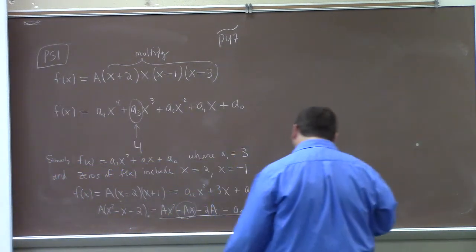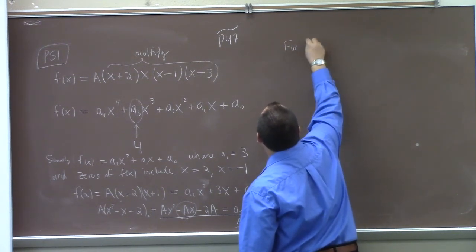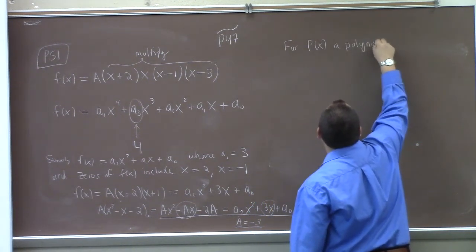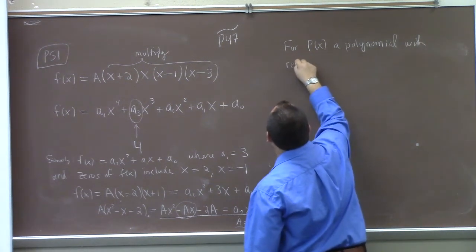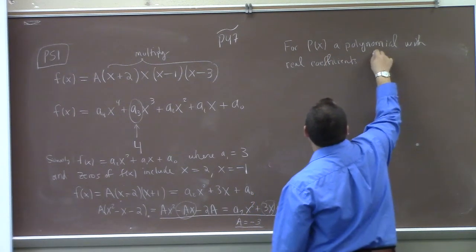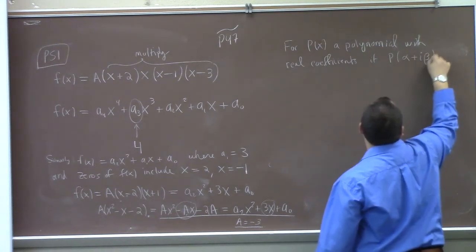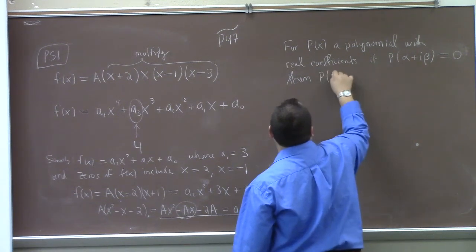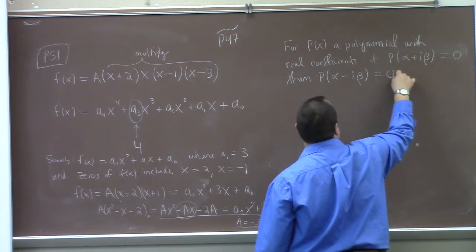So, for p of x, a polynomial with real coefficients, if p of alpha plus i beta equals 0, then p of alpha minus i beta is equal to 0.